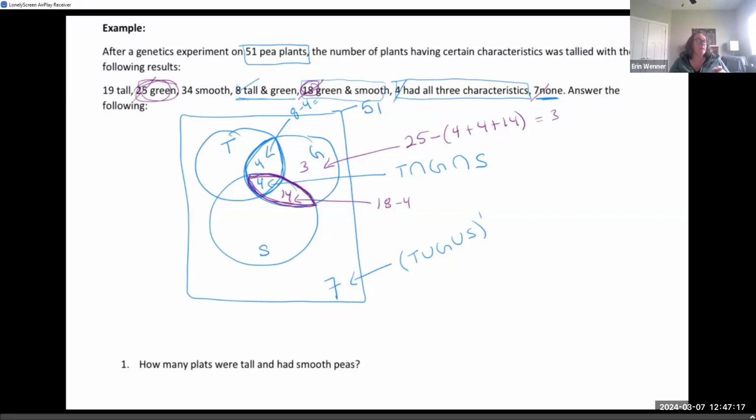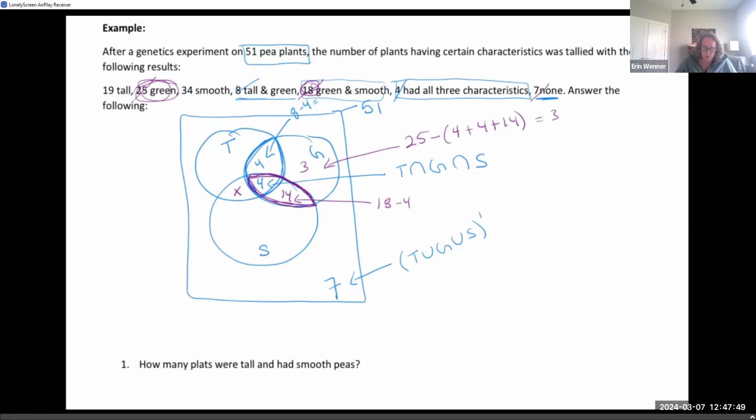And so this is where we actually have to use a variable to start building out the rest of our Venn diagram, because we don't have another piece of information that's telling us about tall and smooth overlapping at all, right? So what we're going to do is we're going to start by putting a variable x here. You want to put that variable where the overlap is happening, because that allows us to build out from there.